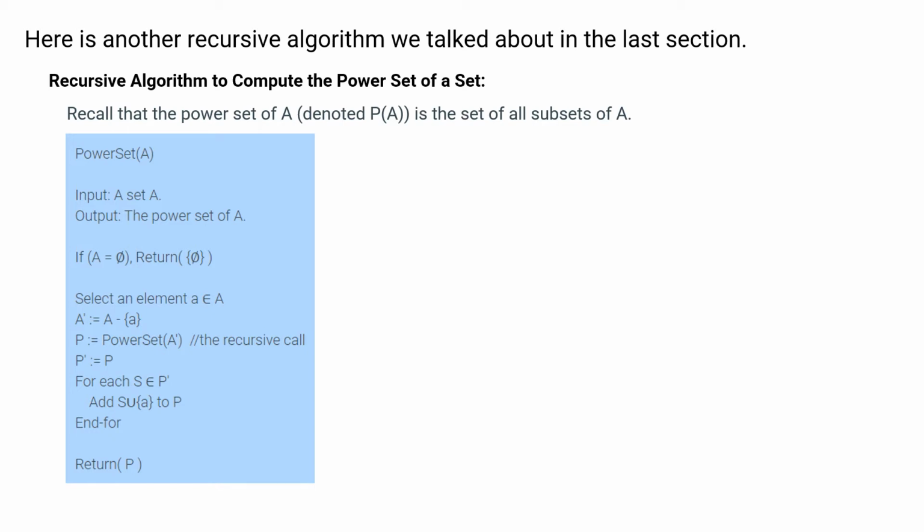It starts with its name, power set, and we send in a set for the input, and what we get out of it is the power set.